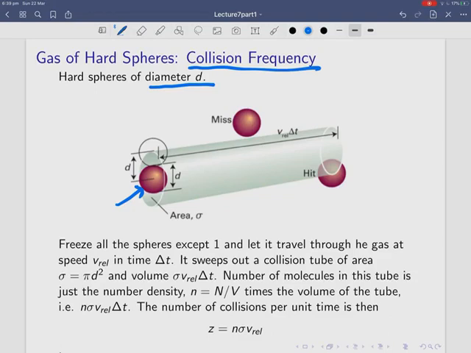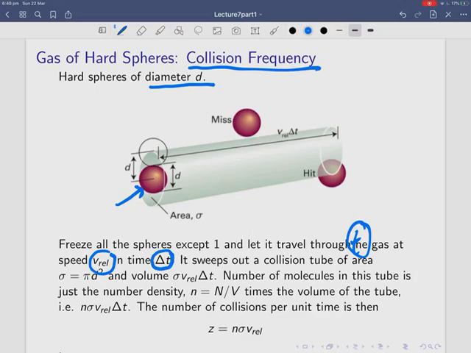We imagine them frozen. This sphere we've isolated is going to move through the gas at a speed v_rel, which is the speed relative to all the other molecules, and we look at how it moves in a time delta t.